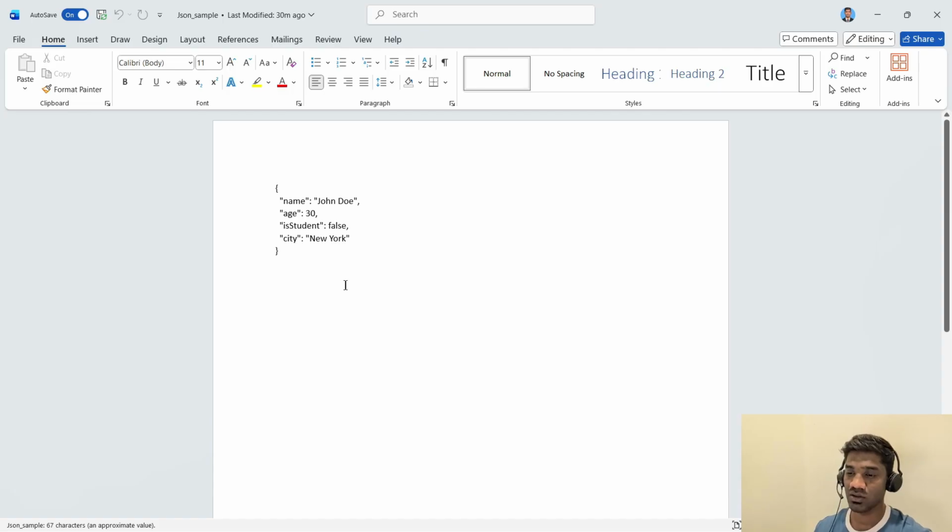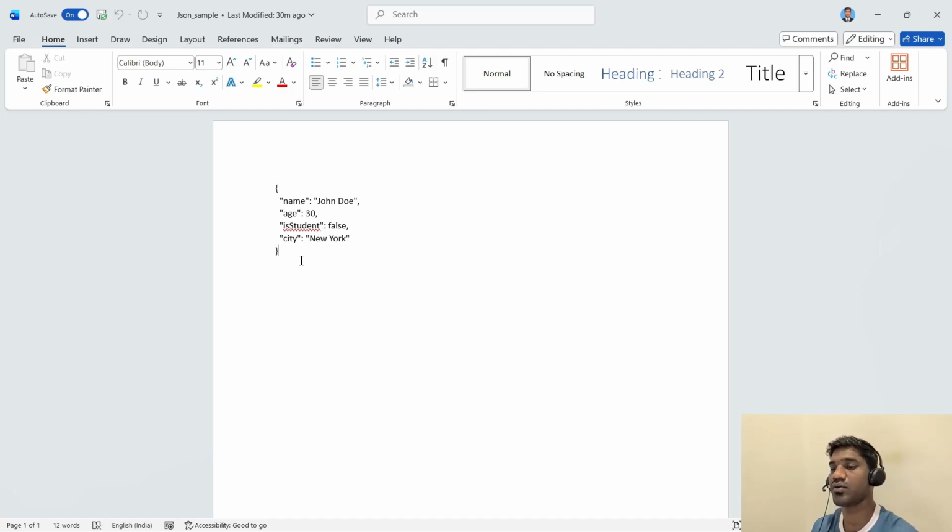You see this, you can see some structure here, but it has a partial structure, I would say. So this type of file is known as semi-structured data.